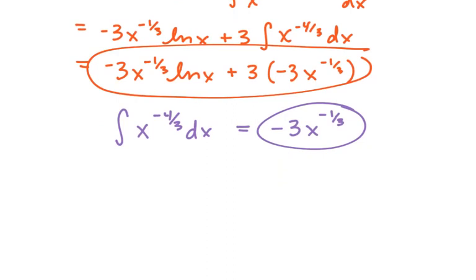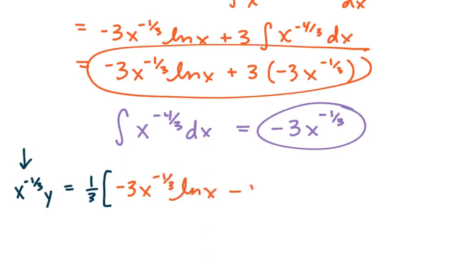So I'm going to bring that v and y down that we had. I have x to the negative 1/3 y equals, I have the 1/3 here. And I've got negative 3x to the negative 1/3 ln x minus 9x to the negative 1/3. And that would be plus that other integral that I did in my scratch work, negative 3x to the negative 1/3.